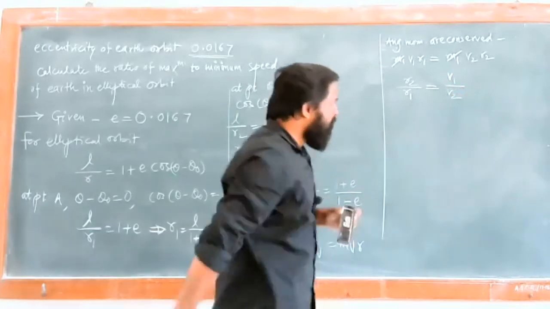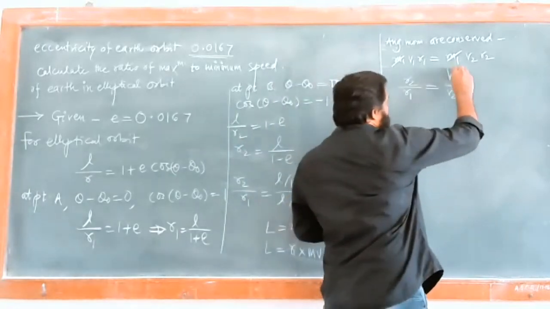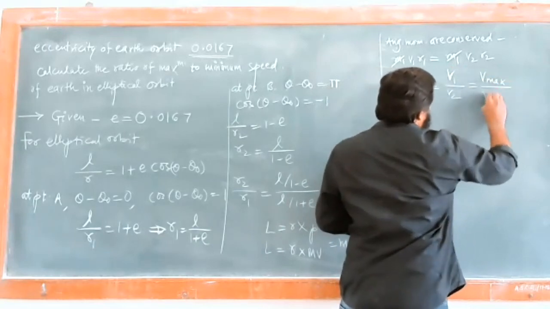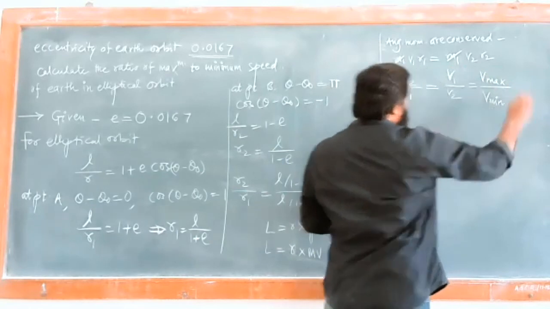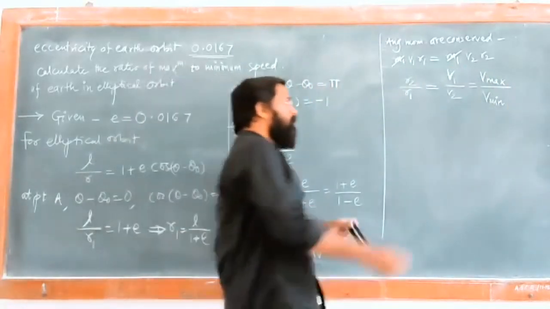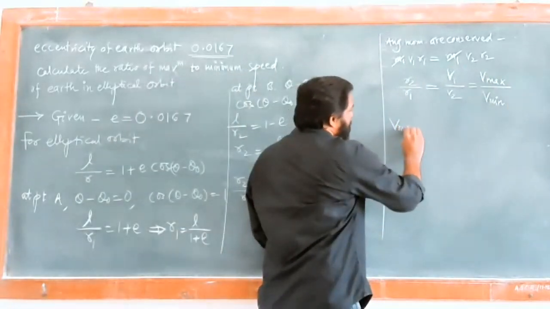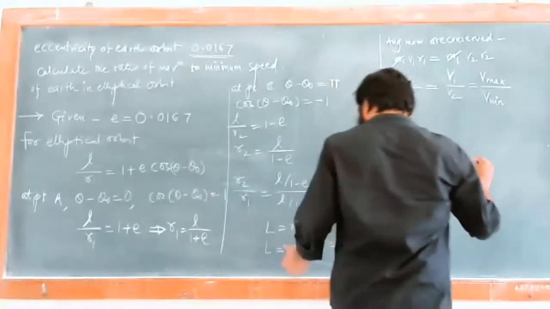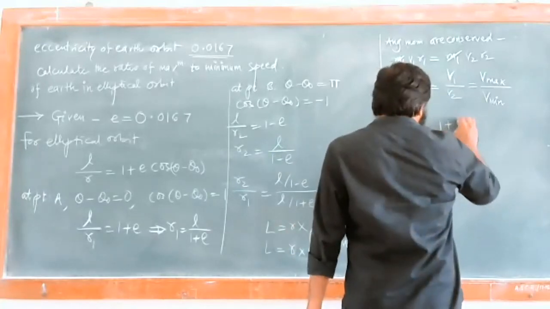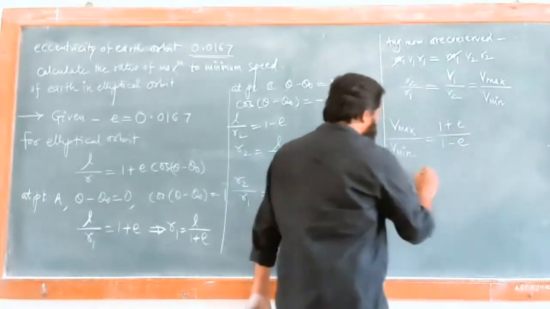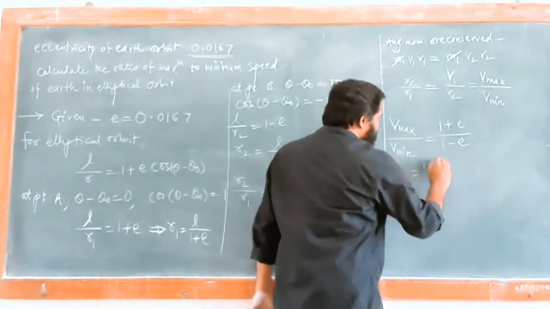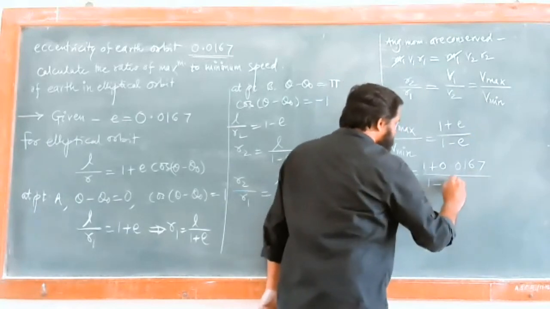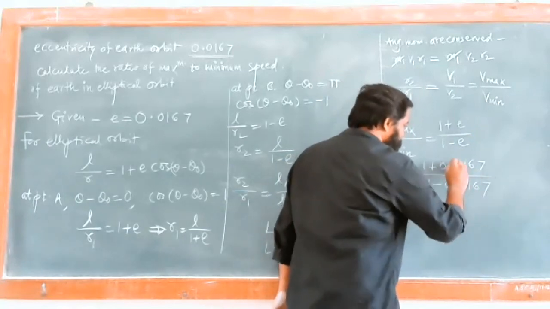After this, v1 is the maximum velocity, and v2 is the minimum velocity. Okay, and so I can write v max upon v minimum is equal to 1 plus e divided by 1 minus e, and that is 1 plus 0.0167 divided by 1 minus 0.0167.